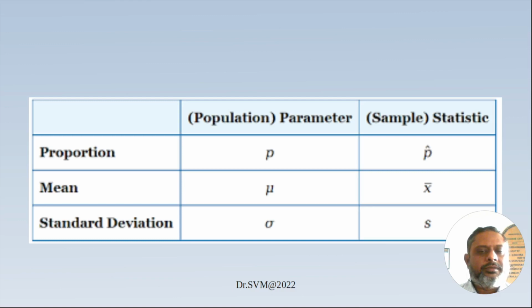The mean of the population is mu, whereas the mean of the sample is x bar. Standard deviation of the population is represented by sigma, whereas the standard deviation of the sample space is represented by S. And we want these parameters to be equal.